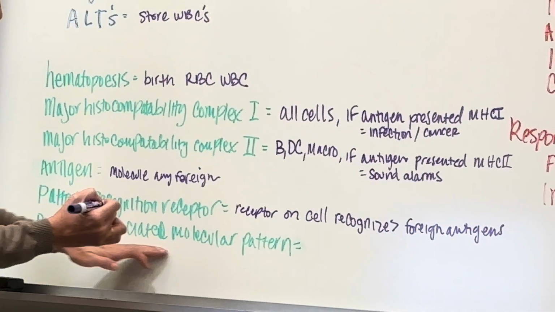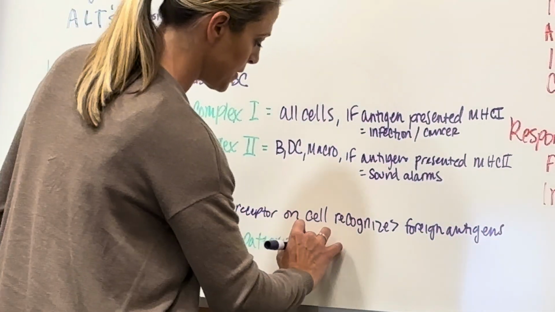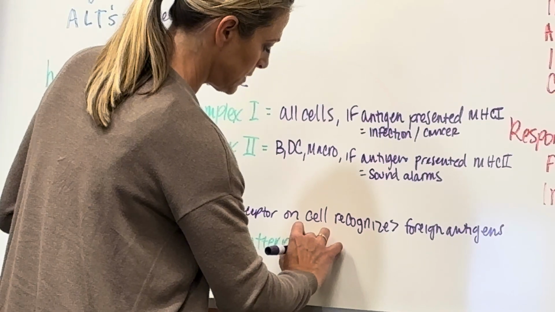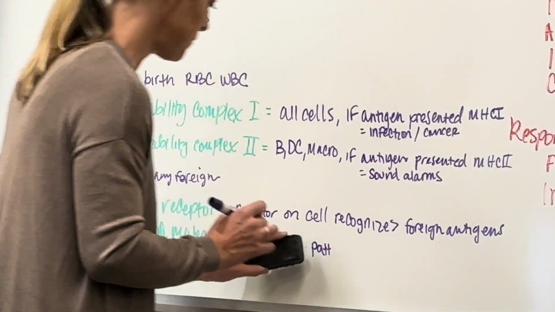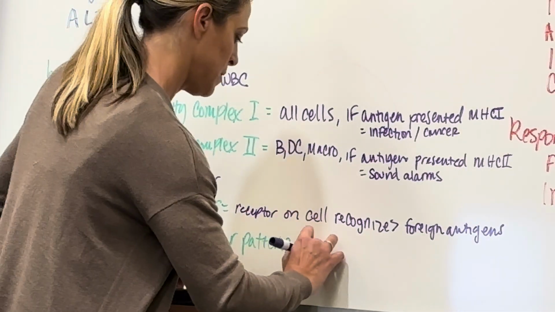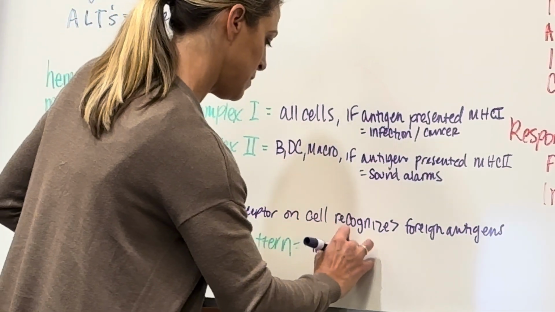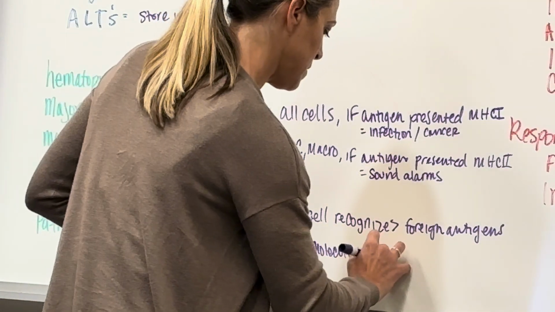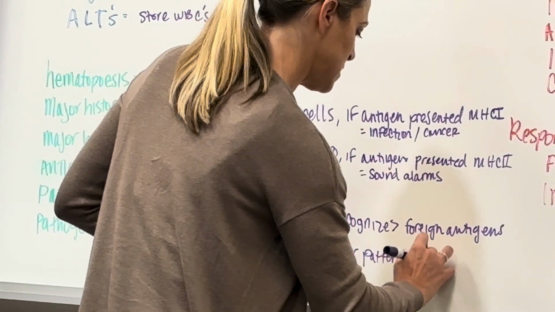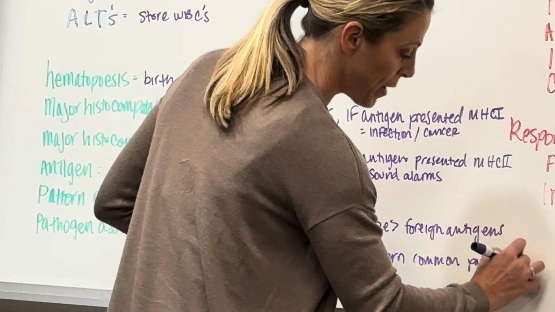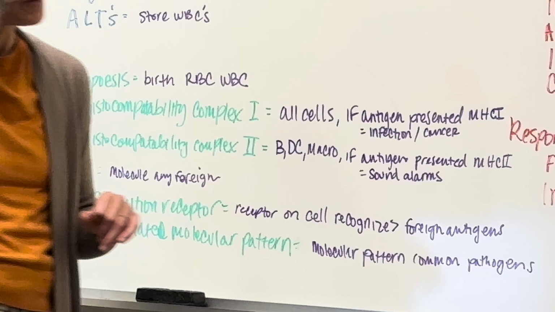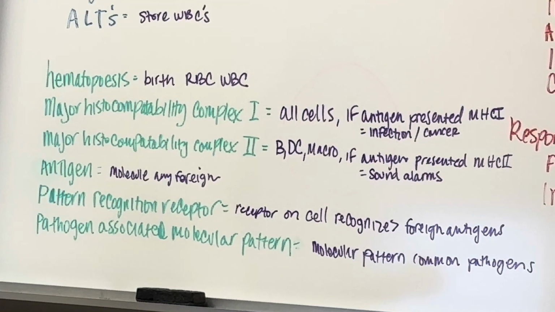And then a pathogen-associated molecular pattern is a molecular pattern common to pathogens, like lipopolysaccharides, or peptidoglycan, or chitin, or all the other things that we've been talking about.